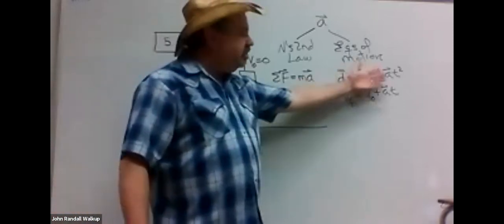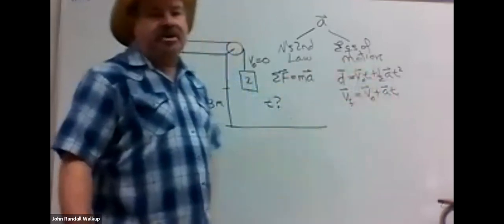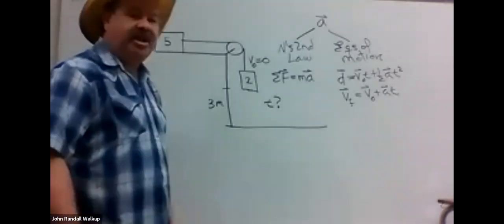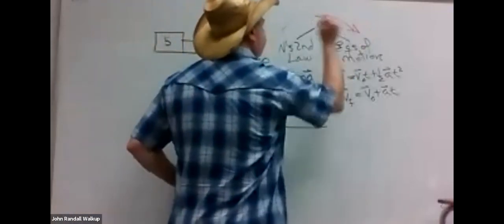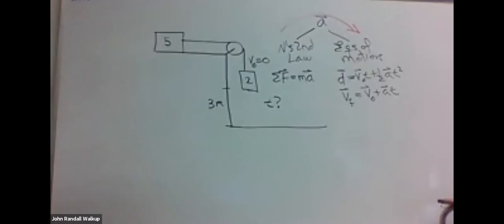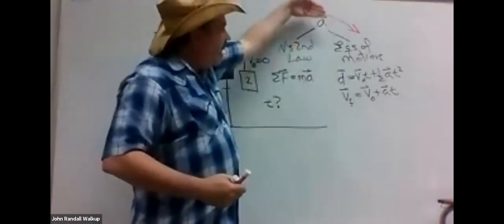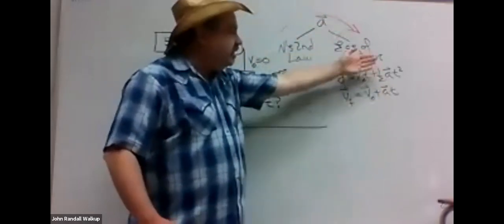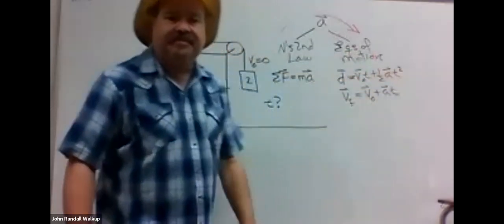Therefore, if you look at the equations, you can tell the equations of motion are not going to provide the acceleration I need. Therefore, this problem is going to go in this direction. I'm going to apply Newton's second law and then find the acceleration. And then once I have the acceleration, I can substitute and find the time.